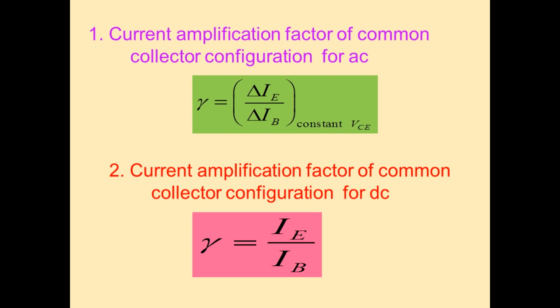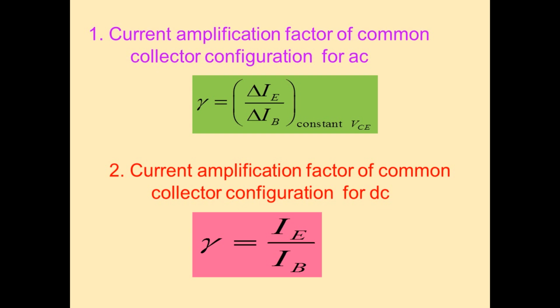Current amplification factor is defined as the ratio of change in emitter current to the change in base current when we maintain a constant VCE value. So voltage across collector and emitter is kept constant.